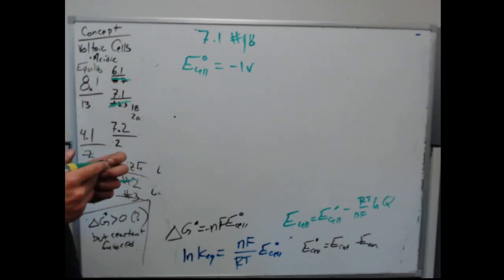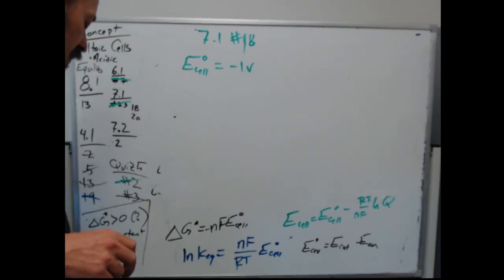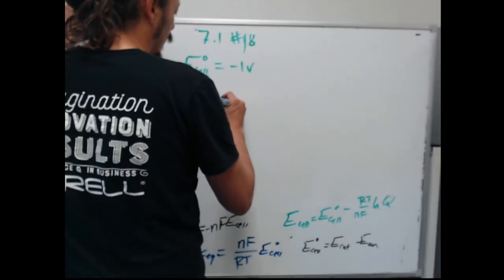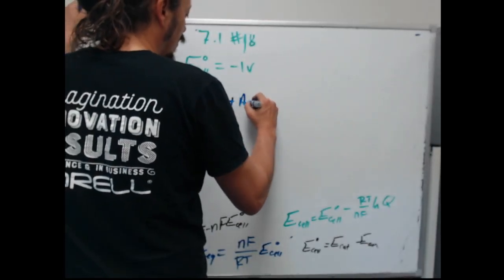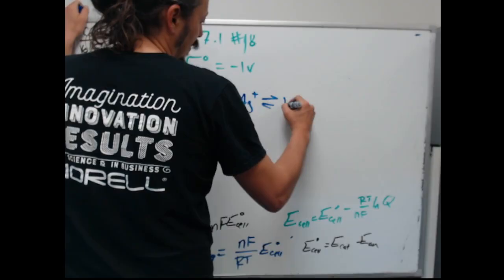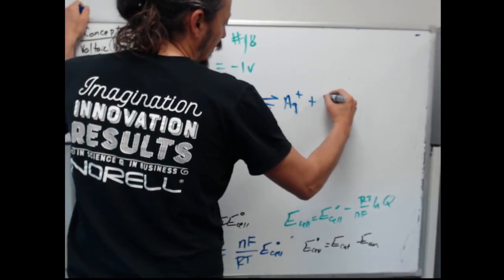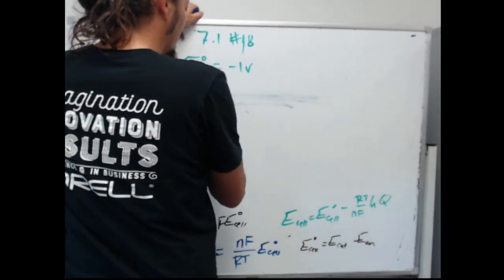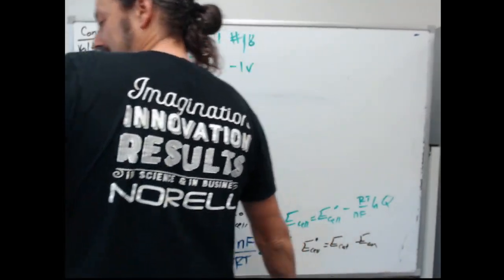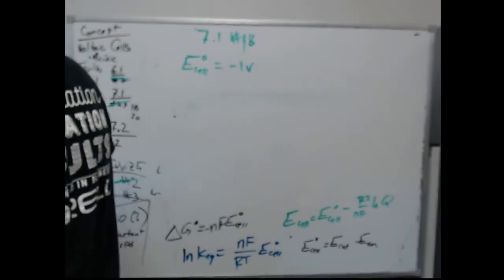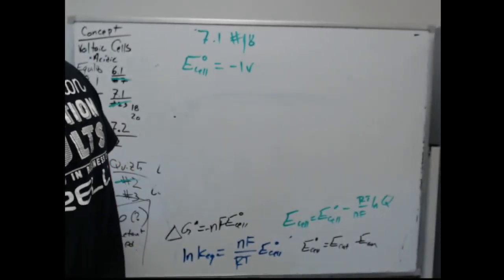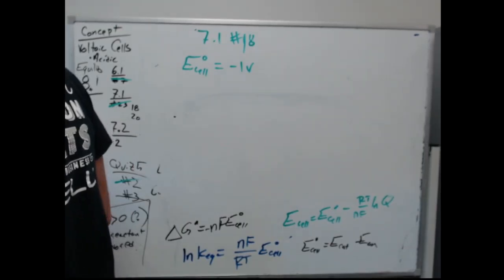So I can already tell with a negative voltage that it's going to be reactant favored. Right, so if we look at a 1 electron system, let's do something zany. Let's say we've got lithium plus Ag plus goes to Ag plus lithium. That's a terrible example, that's not going to be negative 1 volt. Again, trouble with making examples on the spot. Let's see, do I have a 1 electron?